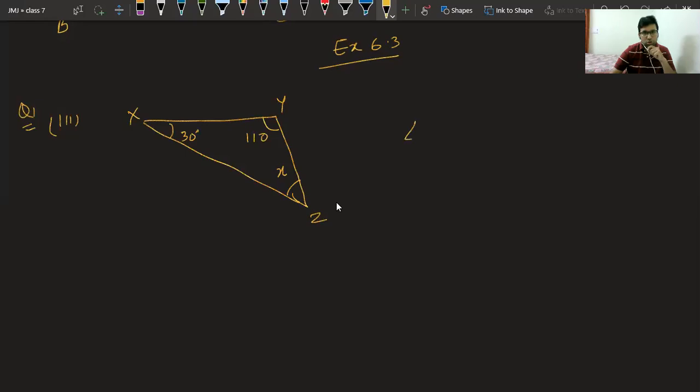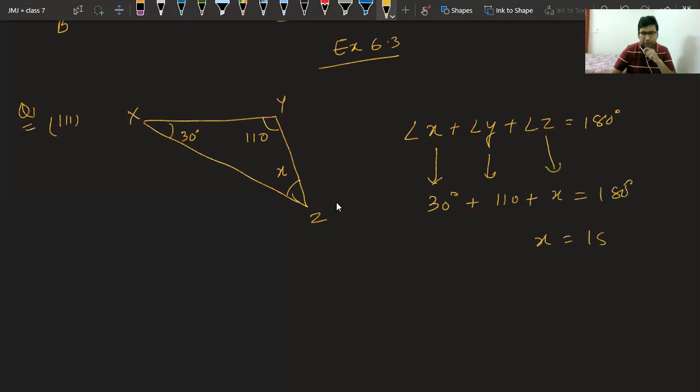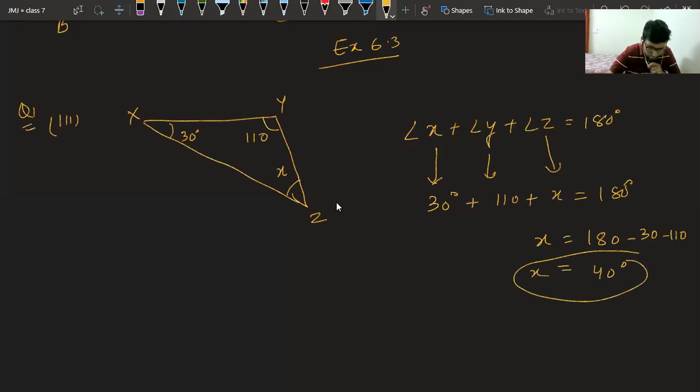We all know the three angles sum to 180 degree. Value of angle x is unknown, the other two are 30 and 110. So x becomes 180 minus 30 minus 110, and the answer is 40 degree. Very good, everyone. All of you are correct.